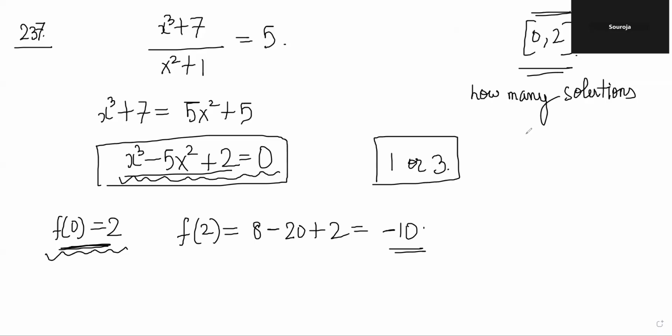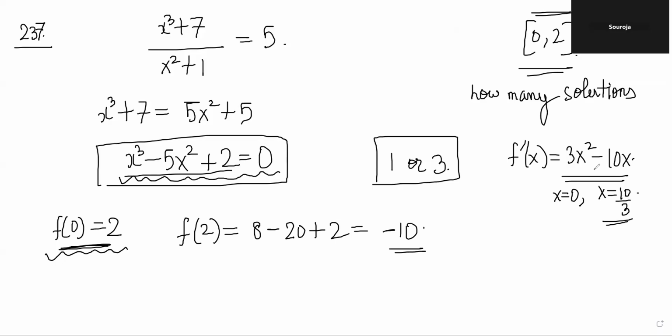The way to figure it out would be to take f dash x, which is 3x square minus 10x, and figure out where it is getting maxima and minima. That will happen at x is equal to 0 and x is equal to 10 by 3.